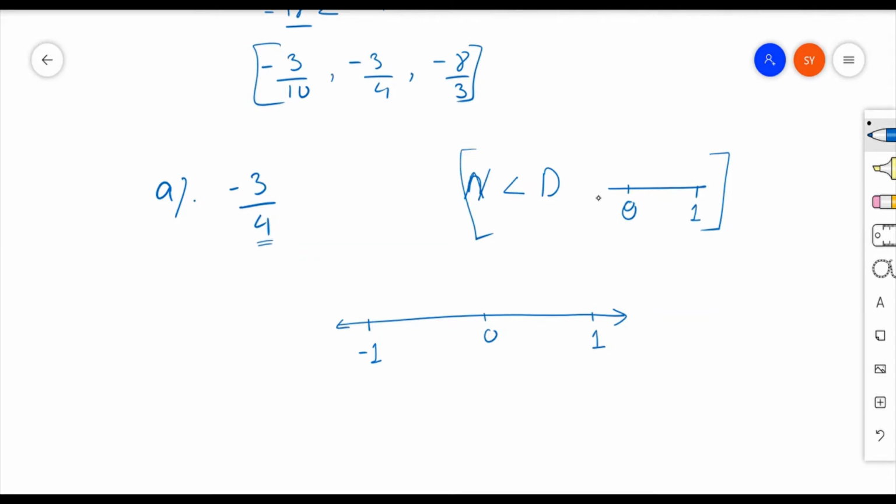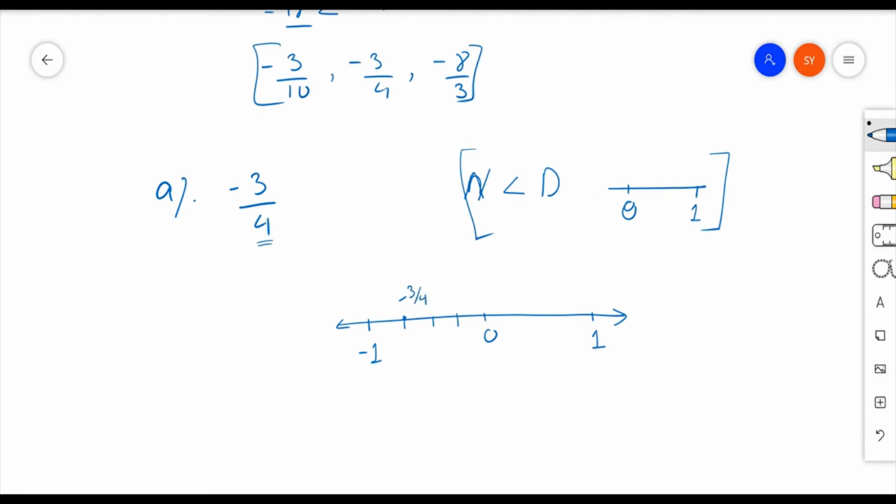So 0 and 1, you'll divide into 4 parts: 1, 2, 3, and 4. Now here, there is 3, so you will select the third division. This is 1, 2, and this is 3. So this is your point. This will be minus 3 by 4.